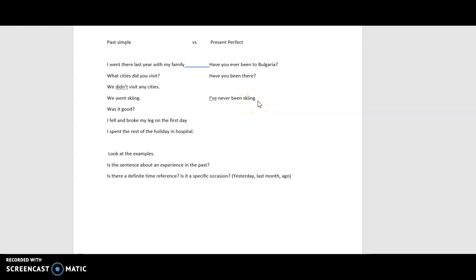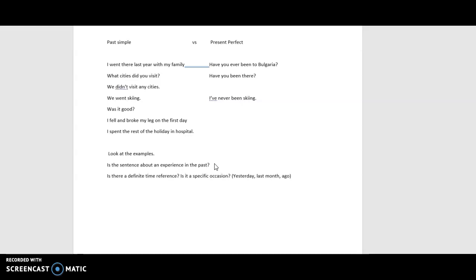So when we have to decide if we need to use present simple, present perfect, or past simple, we need to look at the situation, pay attention to the situation. So the first question we need to ask ourselves is, is the sentence about an experience in the past?